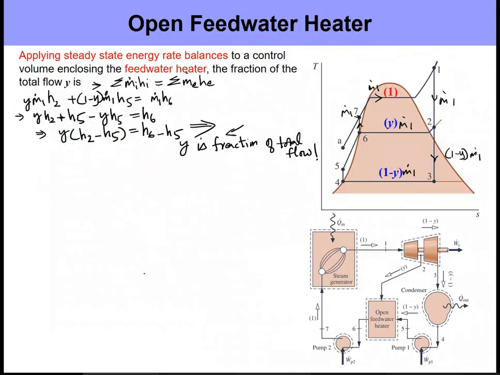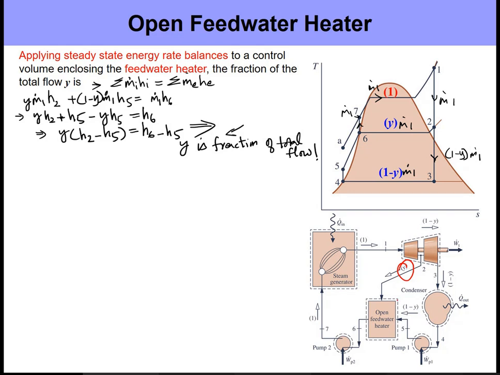Now, let's look at the energy balance for the feed water heater. In most questions, you're asked to determine how much Y is, so you have to make use of the energy balance for this feed water heater. Let's figure out how to determine Y, the fraction that goes to the feed water heater from the steam.